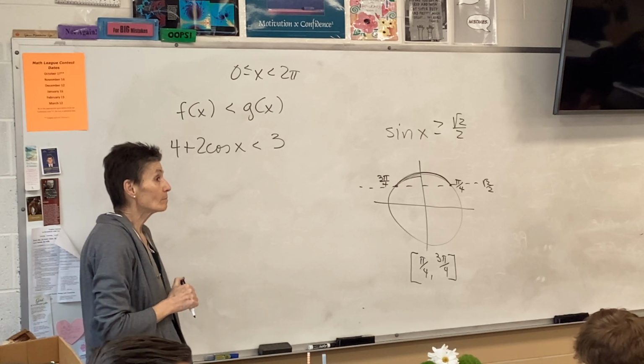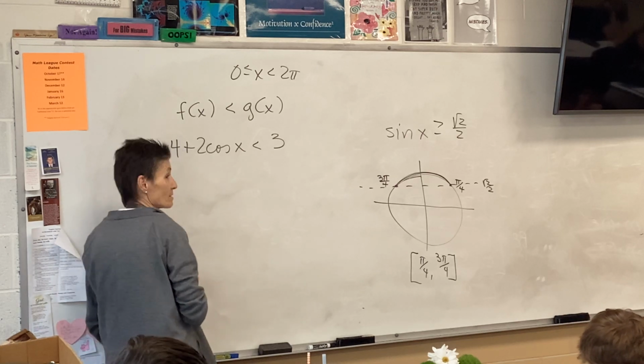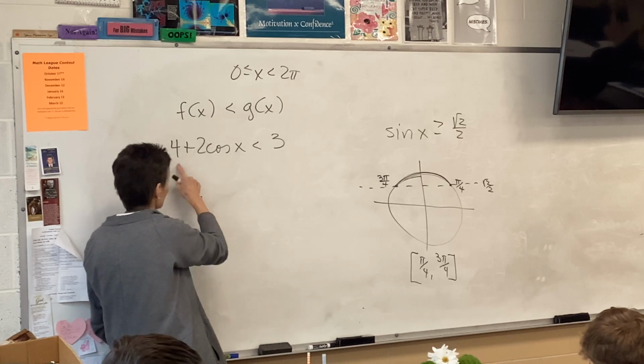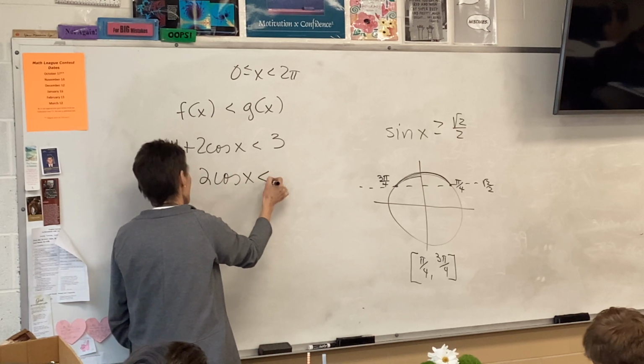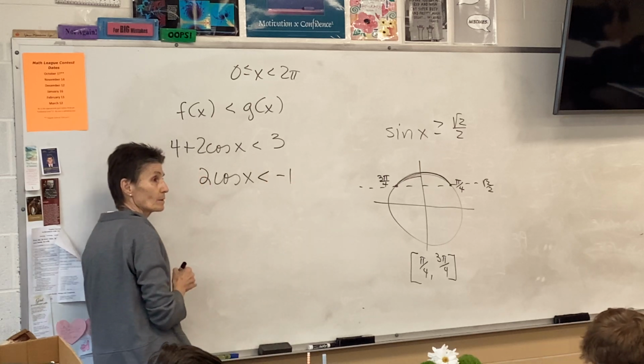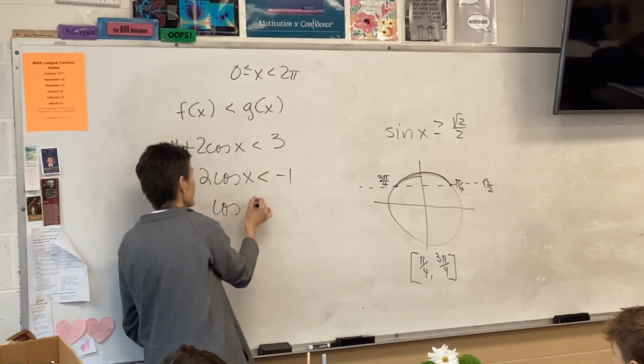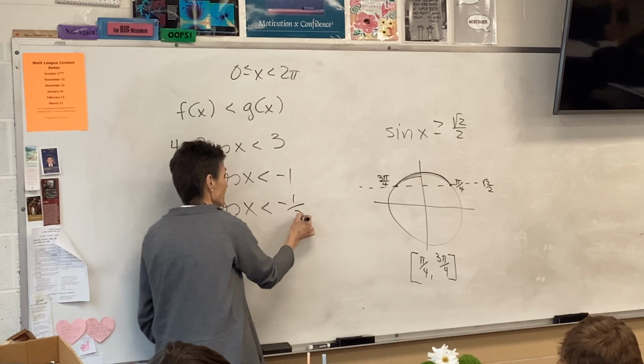So we should probably subtract that. I think that's probably a great idea. Actually, I'll move that 4 over there, so 2 cosine will be less than -1, which means cosine is less than -1/2.